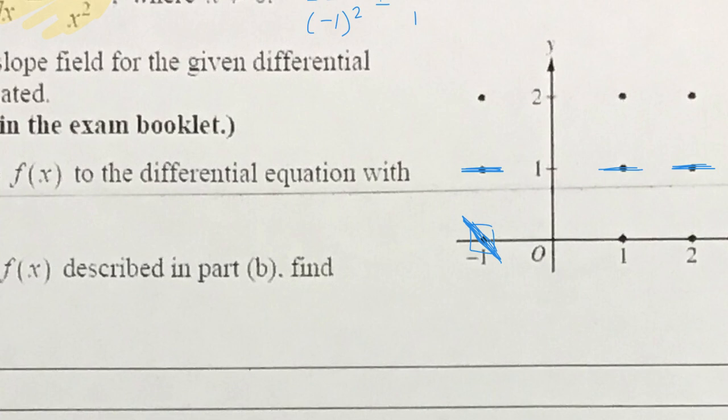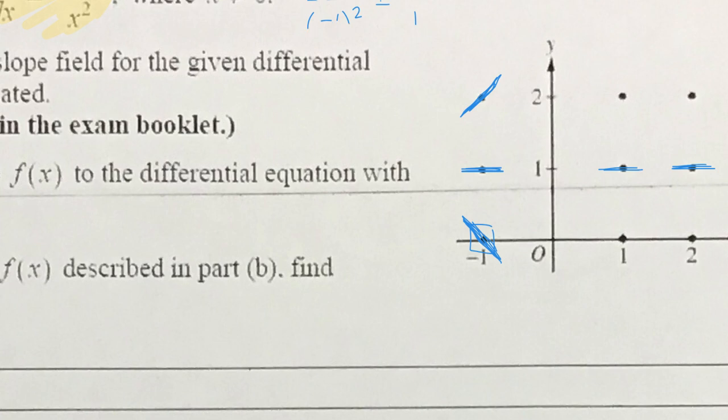Let's move up to the next one here and do 2. (2 minus 1) over (-1) squared is a positive 1 slope. So here at positive 2, we're going to have a positive 1 slope. Done. Now let's move over to where x is positive 1.